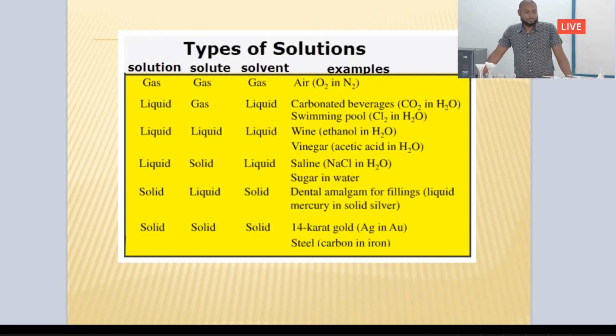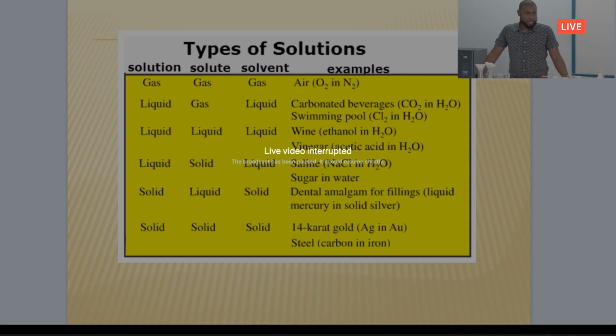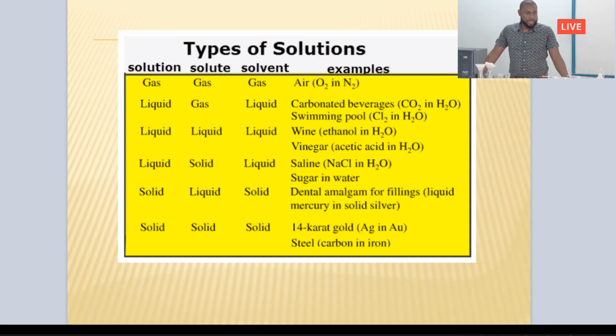A solid in a liquid. We just looked at sugar water, which is an example of that. A liquid in a solid. There we have dental fillings and things like that. Then we have a solid and a solid.